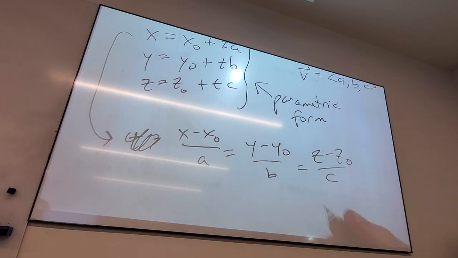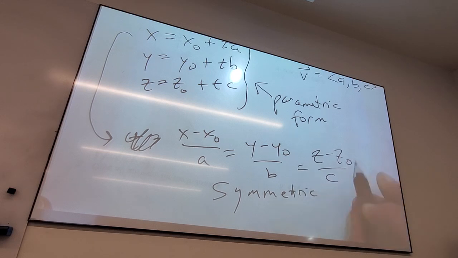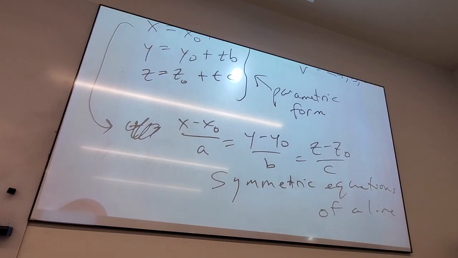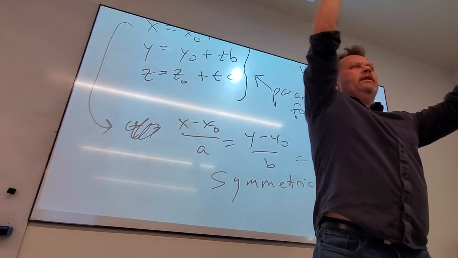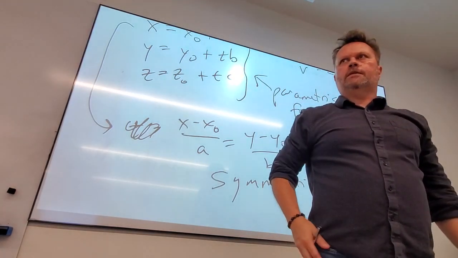That is called the symmetric equations of a line. So if I know my direction vector, and I know a point my line goes through, I can write it in any of those forms pretty easily.